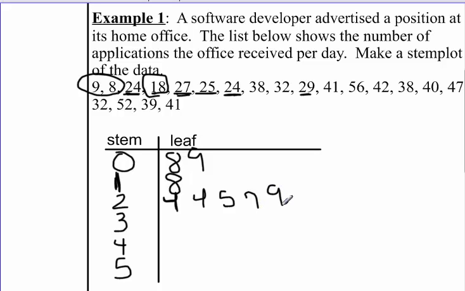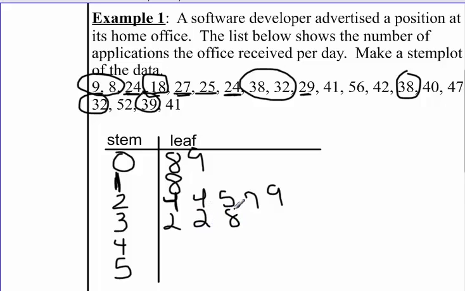Now we go to the 30s. We have 38 and 32, another 38, another 32, and a 39. So 32, 32, 38, 38, and 39.